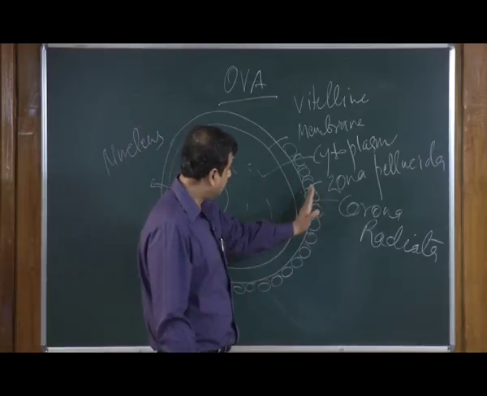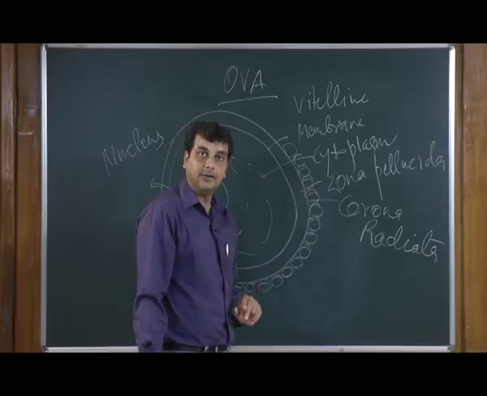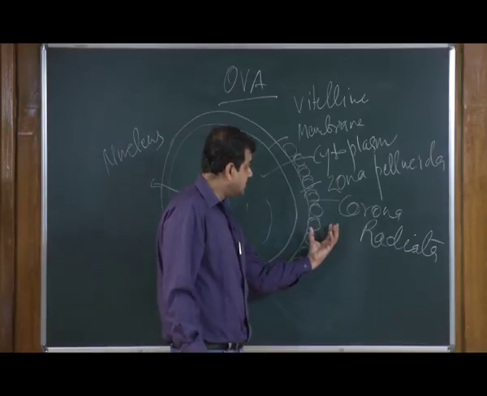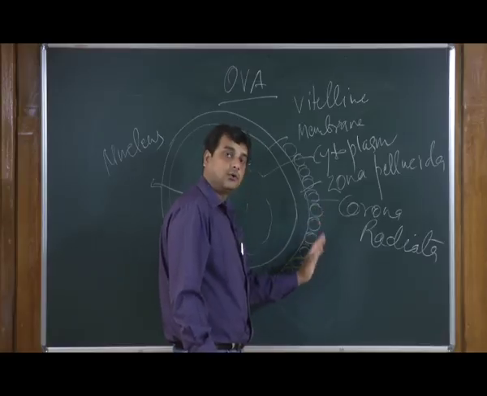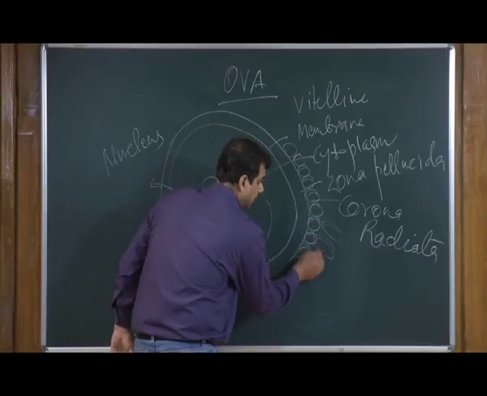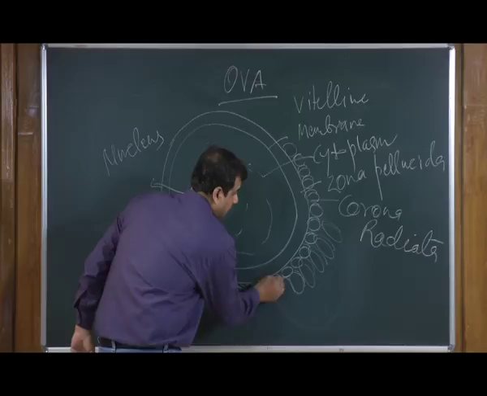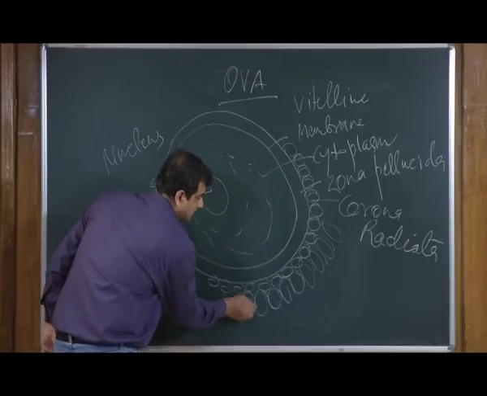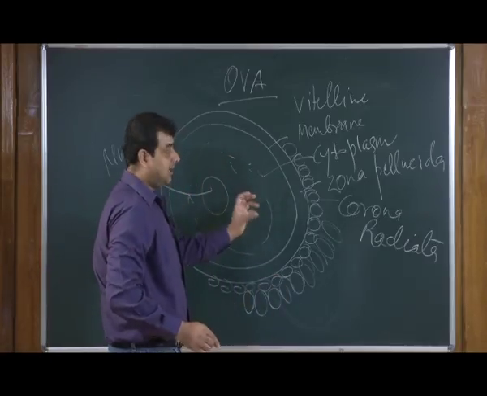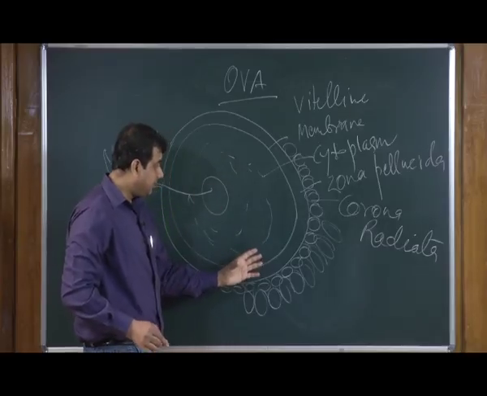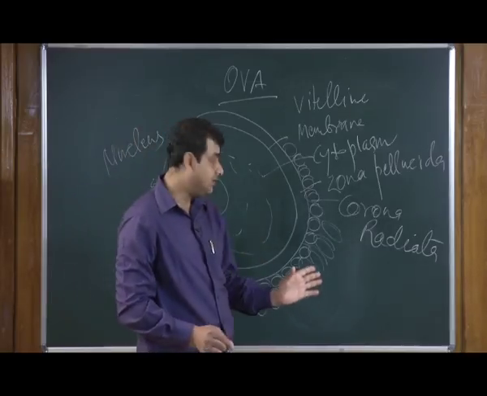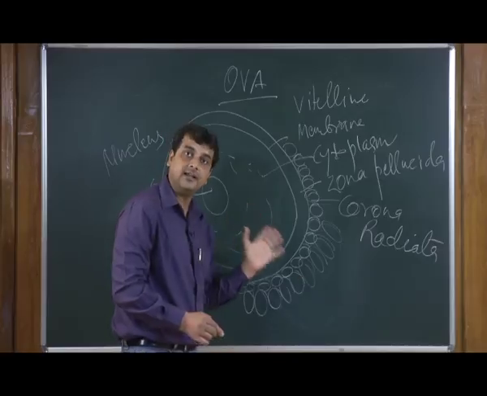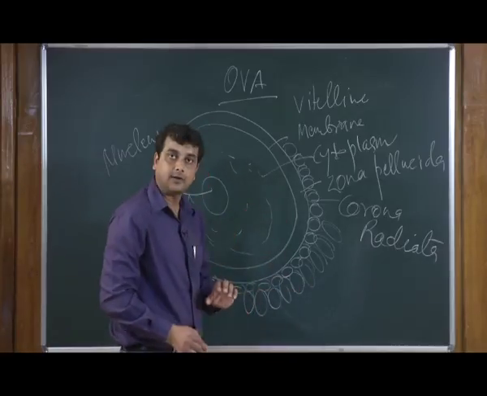So, this is covering the outer side of the zona pellucida, and just touching this corona radiata, we have another cell layer. So, you will see a lot of protections are there, because this is such an important structure. If anything comes and ruptures this part, it is a failure in reproduction. So, this is a very important cell.